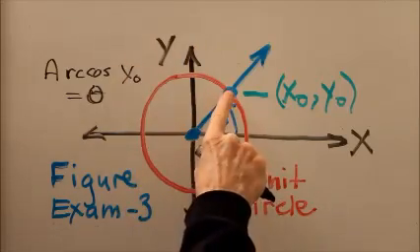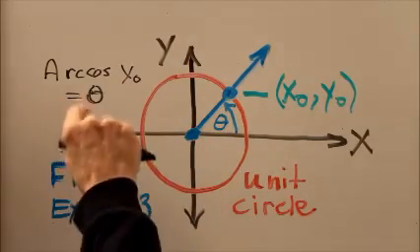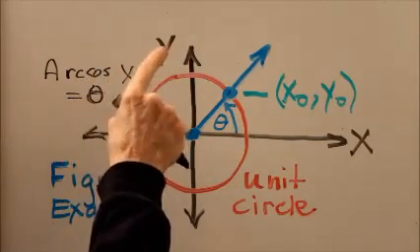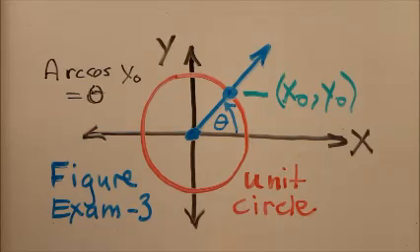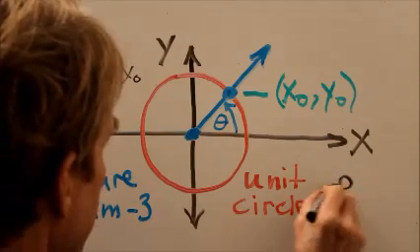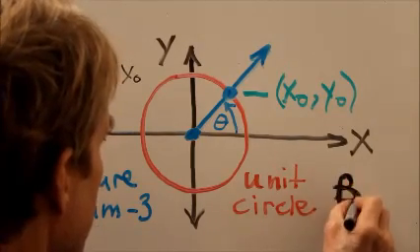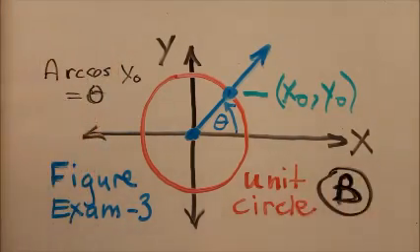So the cosine of theta equals x sub 0. The arc cosine of x sub 0 equals theta. That is choice B. All of the other statements, if you'll check them out, are inaccurate.